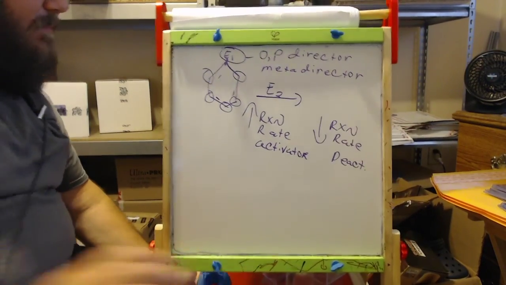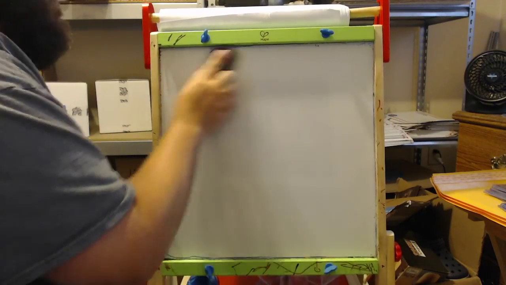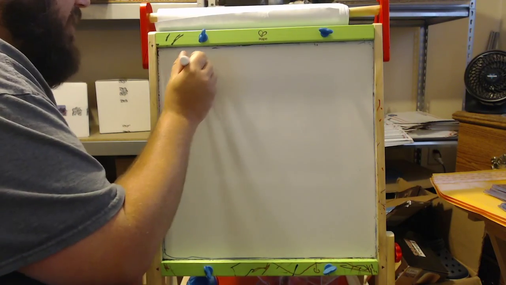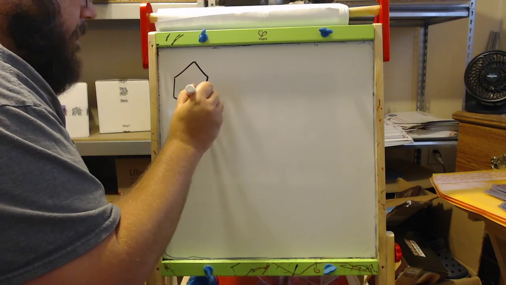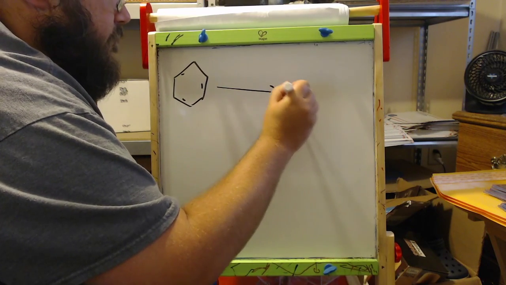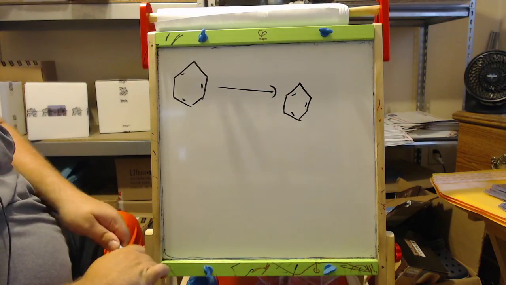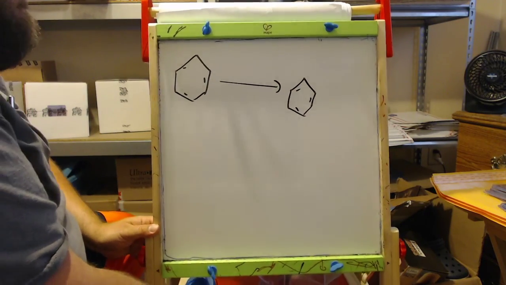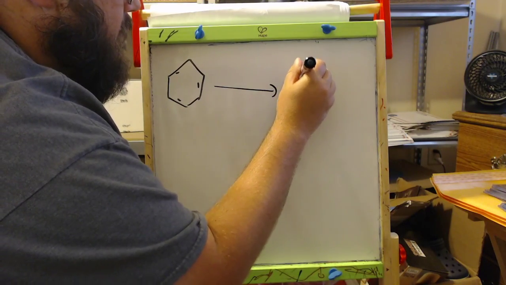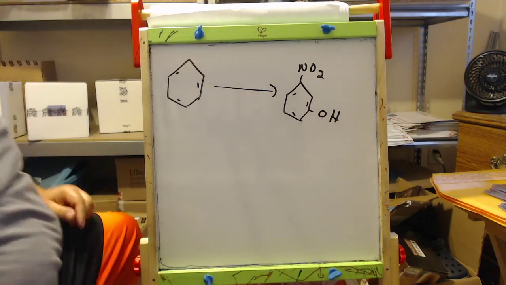So what I mean by that is, let's say I'm given a benzene ring. Okay. I'm given a blank canvas benzene ring. And the product I want is, let's say, that.